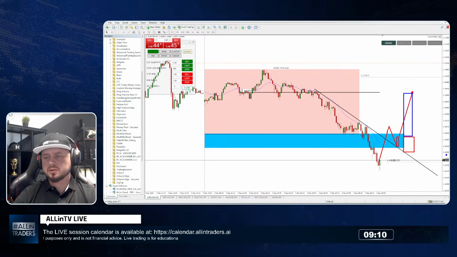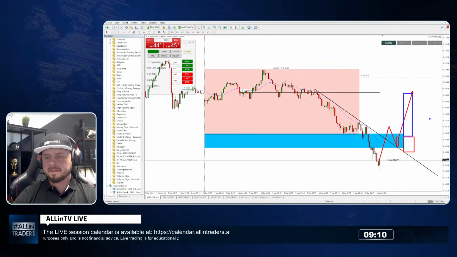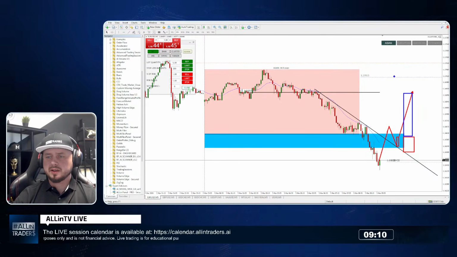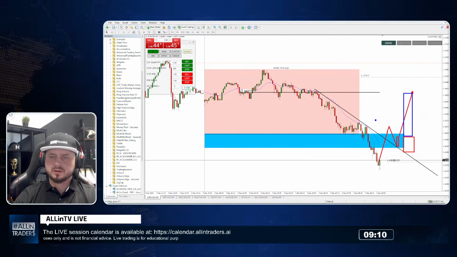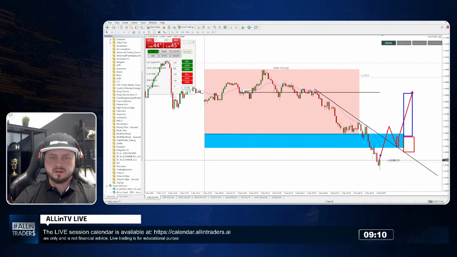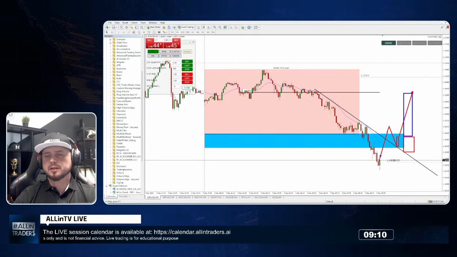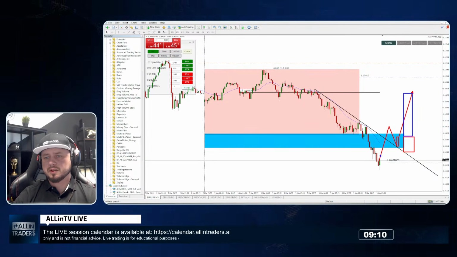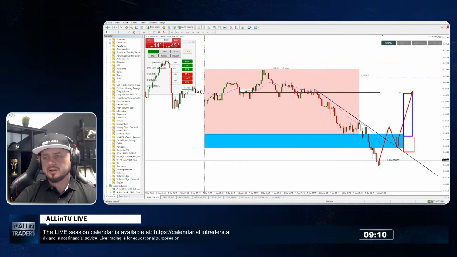I think we should get that easily. Usually the price is heading to the other side of Asian session liquidity, but remember guys, we are in bearish market structure from higher time frame, so we just need to be careful with any long positions.